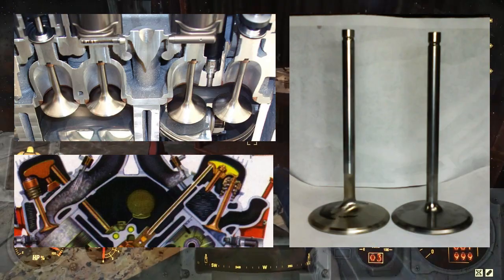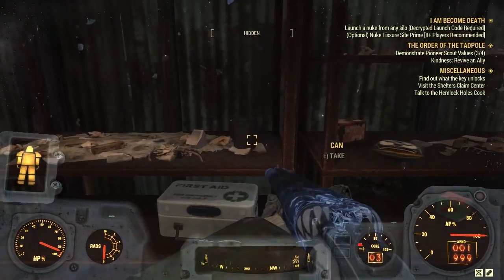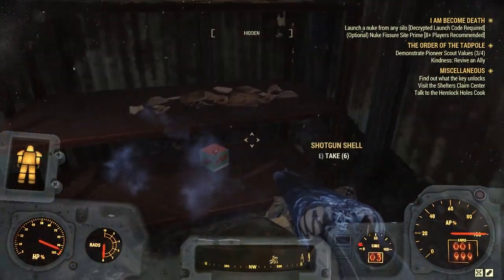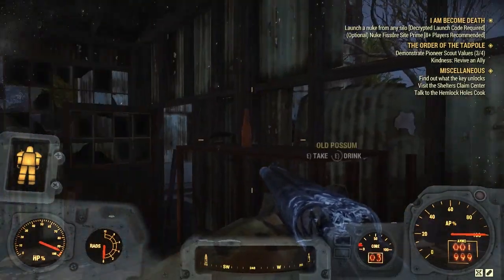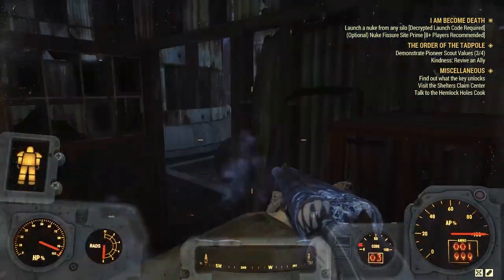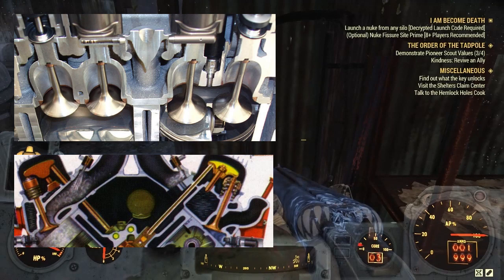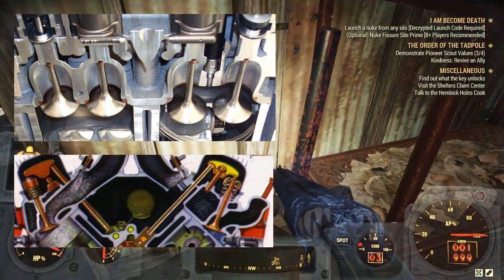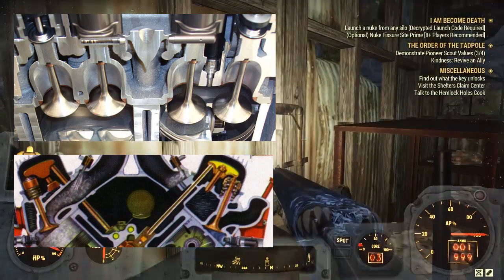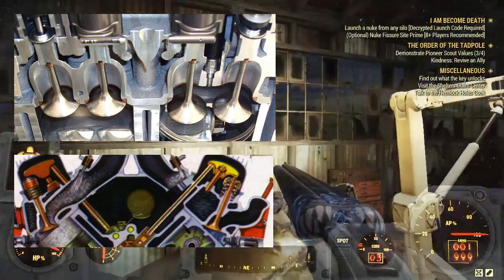Valves are basically like small little doors that let, depending on the engine as well, but for the most part, they let air and fuel in. Once again, almost like a door. Think of it like a door.